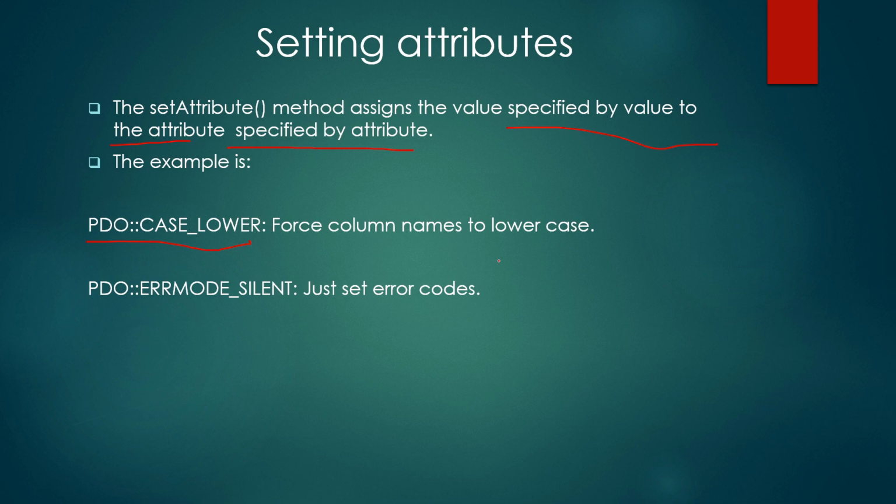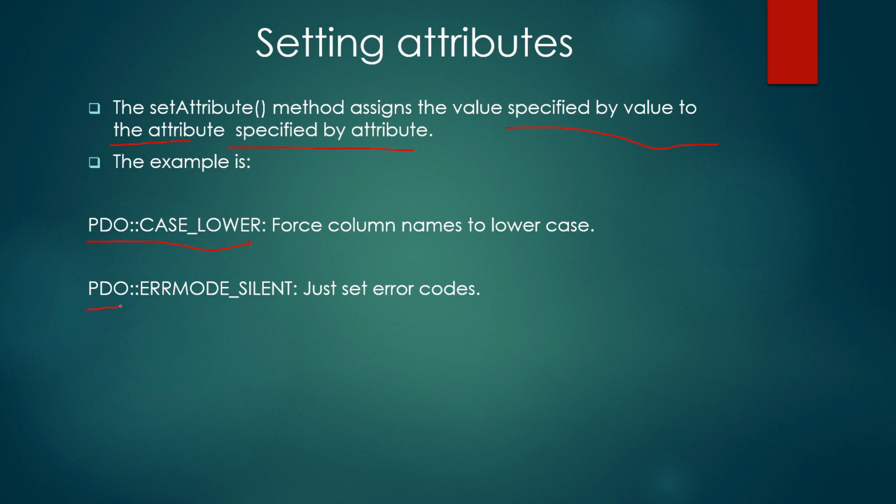Even if I try to enter the column names in uppercase, it will convert them into lowercase automatically. If I want to implement this, I can set this attribute, and then it will work.